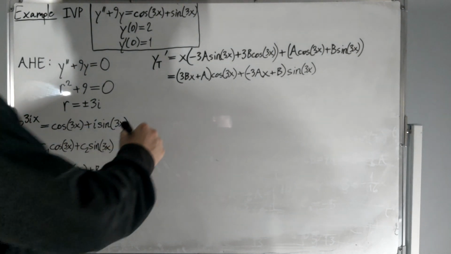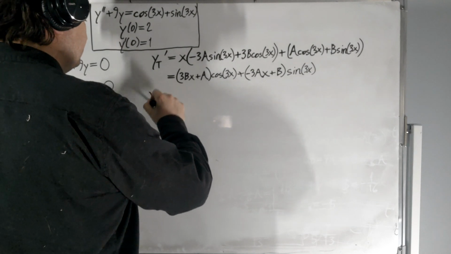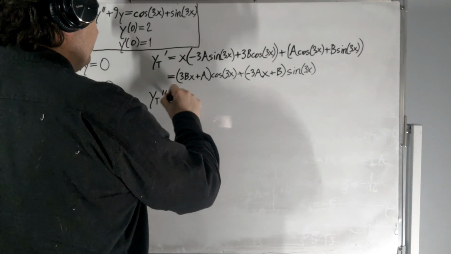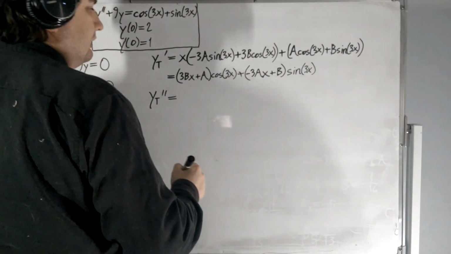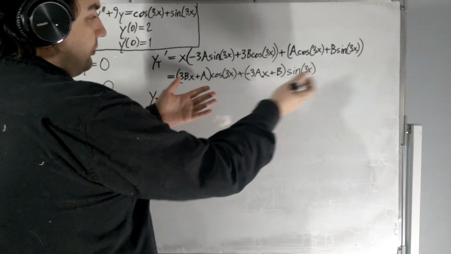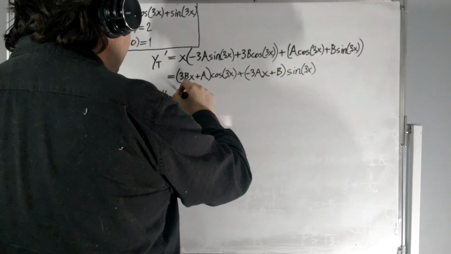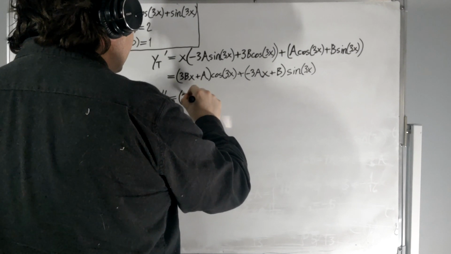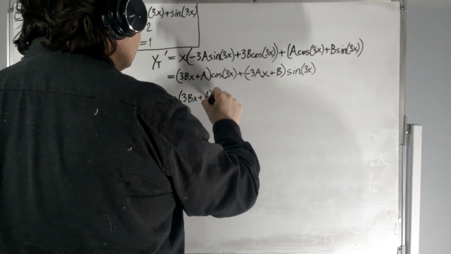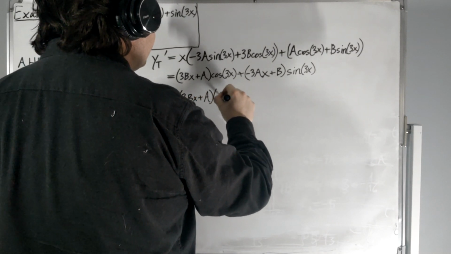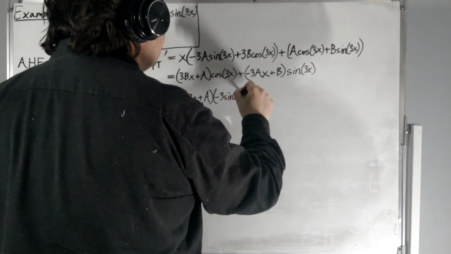All right, so then for the second derivative, y_t prime prime, we're going to have to do the product rule on both terms here. So we're going to have 3bx plus a times negative 3 sine 3x.